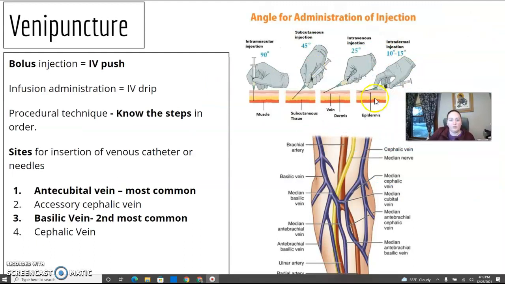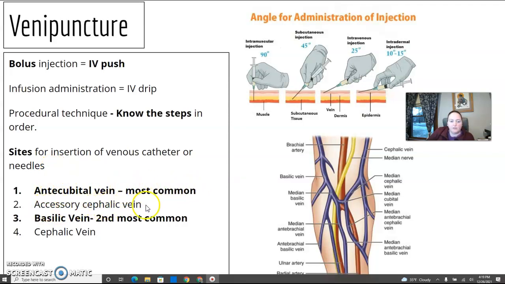Venipuncture. So go through your venipuncture steps. Bolus injection would be an IV push. Infusion is a drip. Know the steps of the procedure in order. What kind of sites would you use for insertion of venous catheter for the needles? The antecubital vein is considered the most common.